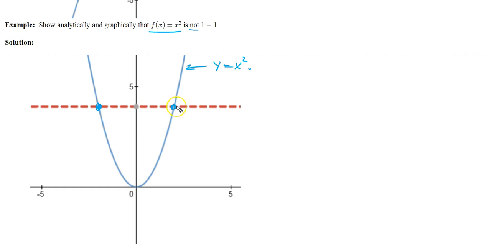Now, analytically, notice this. We want to show that f of a equaling f of b does not imply that a must equal b. So that's what we have to show. Very simply, if we consider f of negative 2, that's equal to 4, of course. If I put negative 2 in here for x, I get back 4.